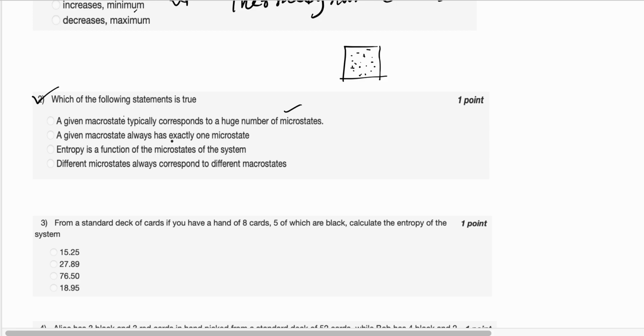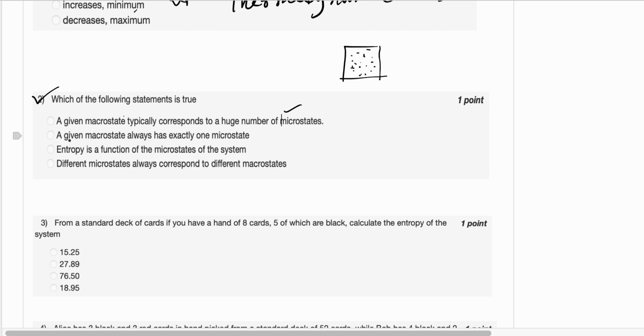Now, a given macrostate always has exactly one microstate. It is not true in every case. It can happen that one macrostate has only one microstate, but it is not true for every case.